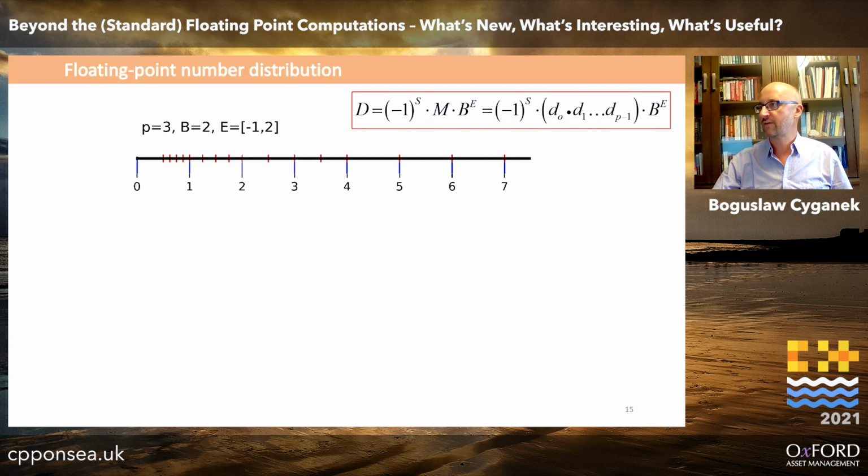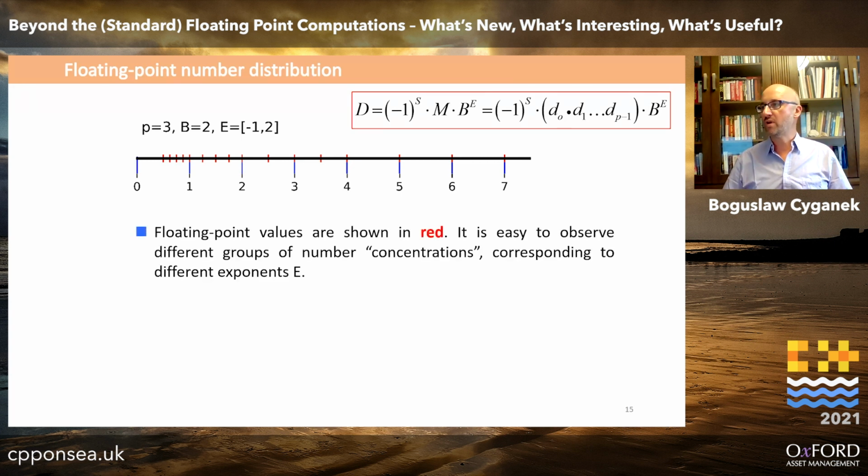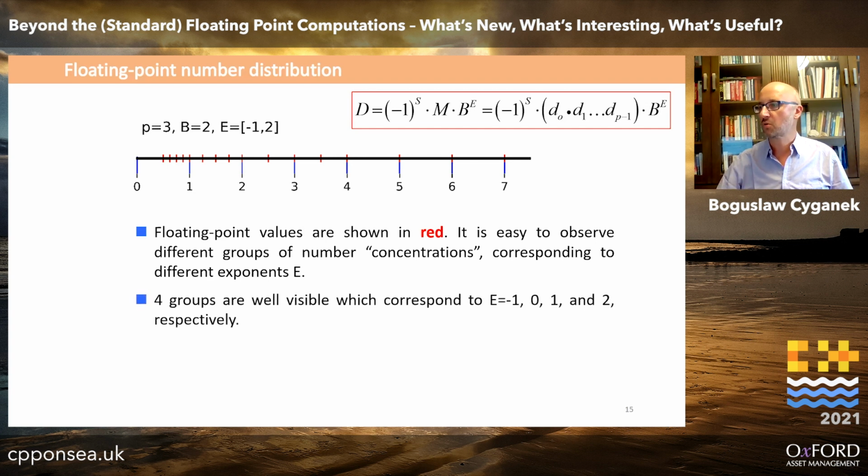So okay, we know that the value is given by this formula. So what can we find out? We see quite easily that floating point values, which are shown in red, group themselves, concentrate in groups in accordance with the number of exponents. So we have 4 groups here, which correspond to all these values of exponent.